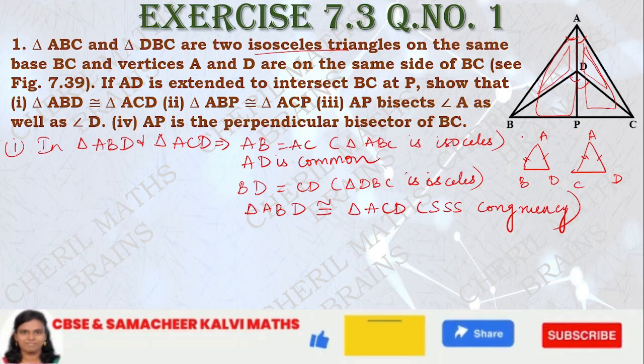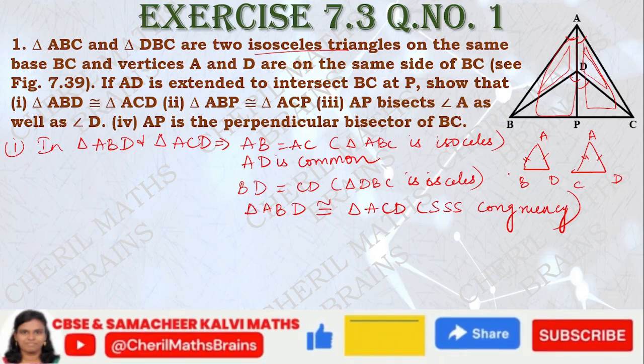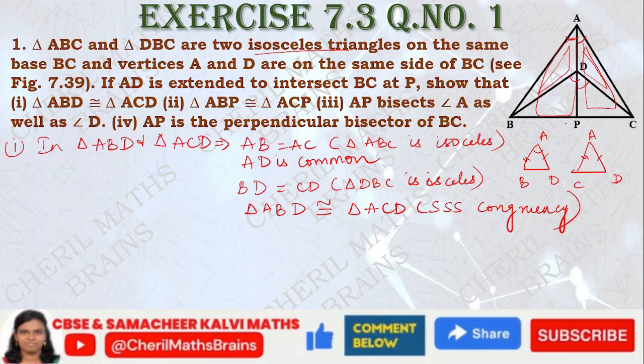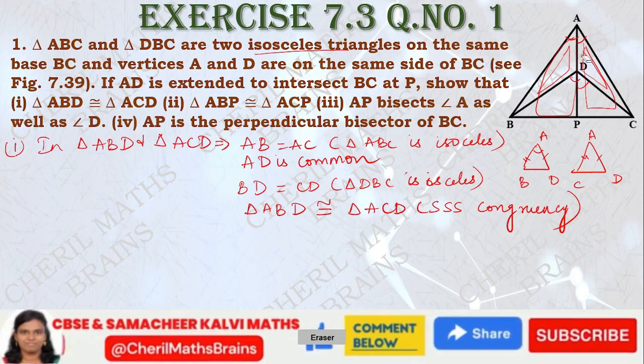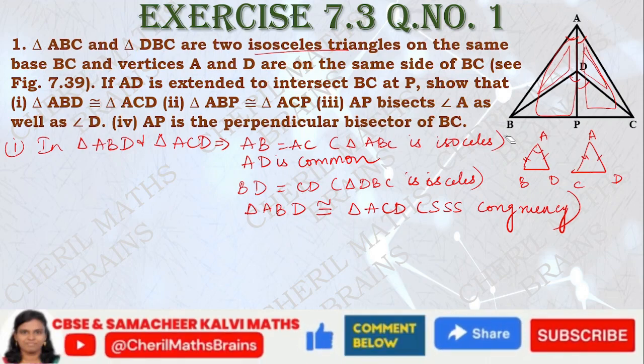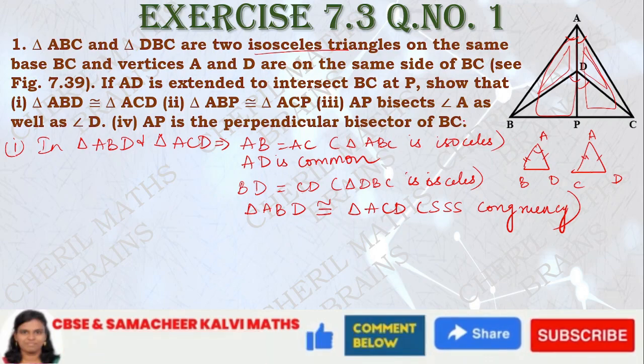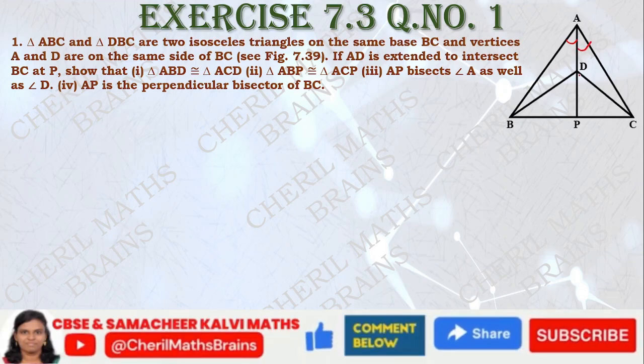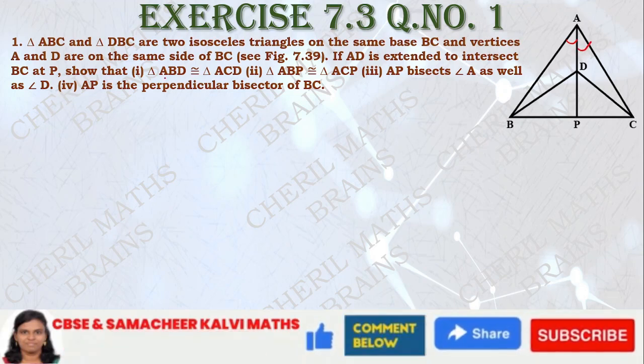So when these two triangles are congruent, we can automatically say angle BAD is equal to angle CAD. Okay. So in this main diagram itself, I'll make the changes so that it will be easy for you. So we have angle BAD is equal to angle CAD because these two triangles are congruent.